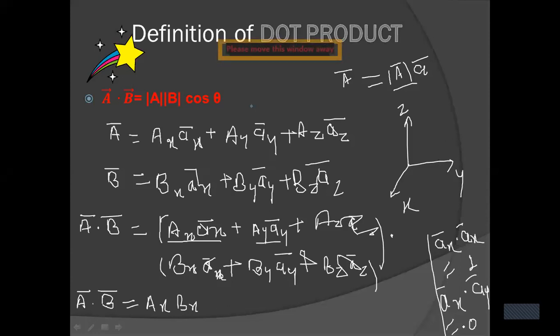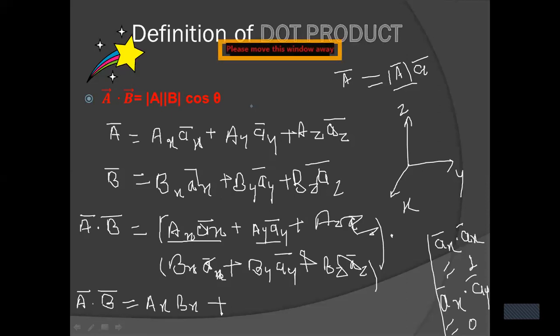Similarly, if I multiply ax a bar x to bz a bar z, it will be ax bz into a bar x dot a bar z, but again two different unit vectors, therefore it is equal to 0. Therefore multiplication with both terms is equal to 0, so only ax bx remains.